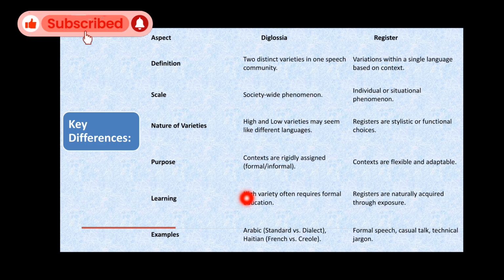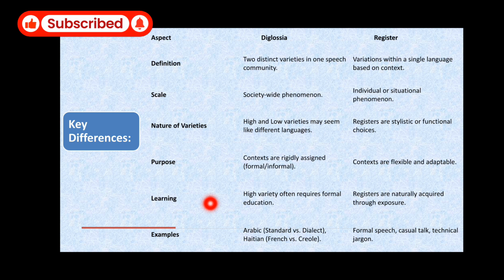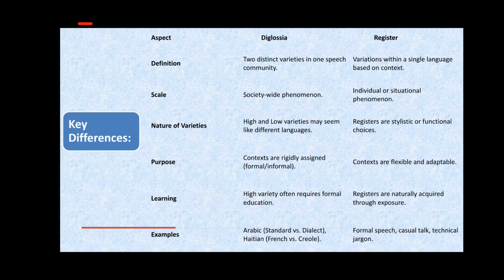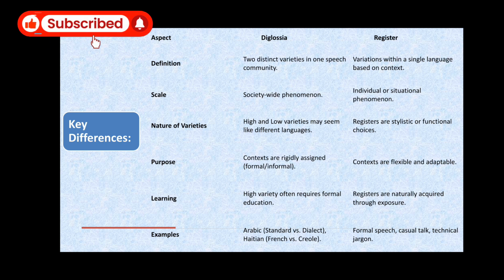Learning: high variety often requires formal education, while register is naturally acquired through exposure. If you have experience, you will use such kinds of words and tone. Example, here we have Arabic standard versus dialect and Haitian French versus Creole.